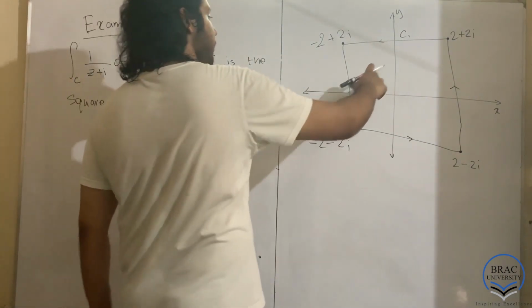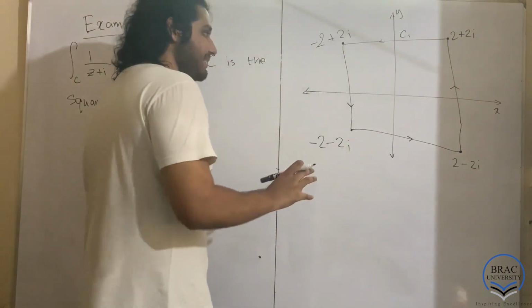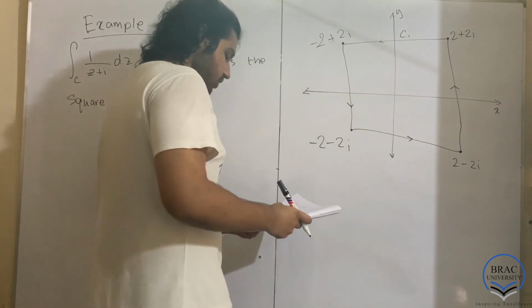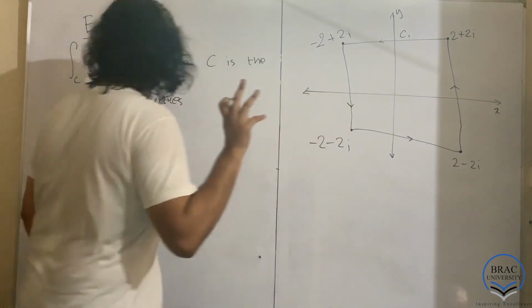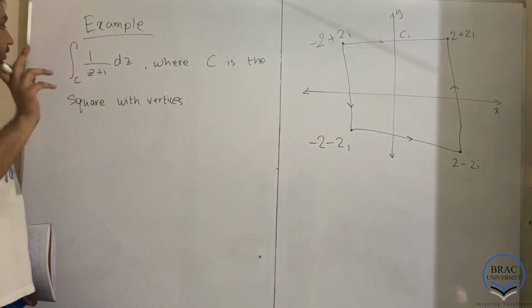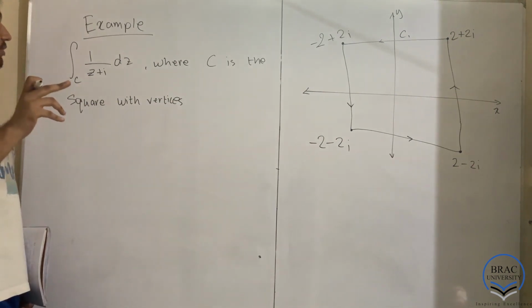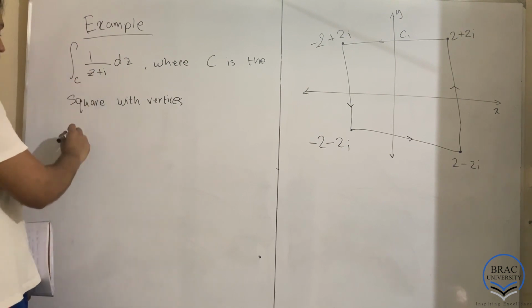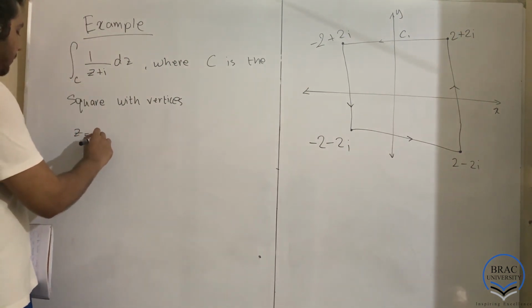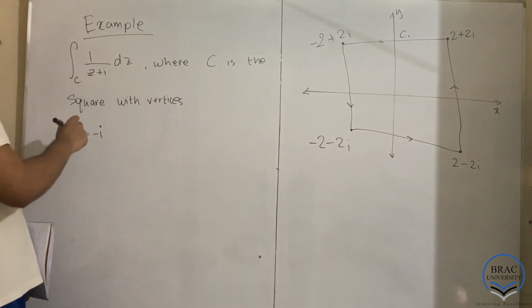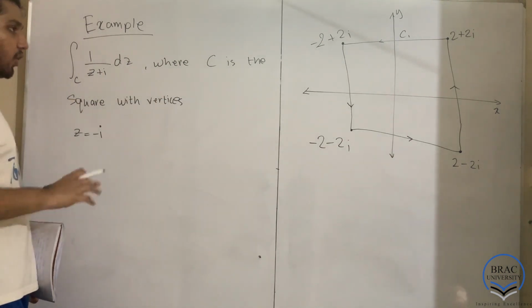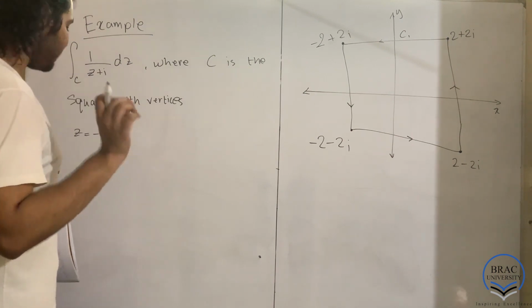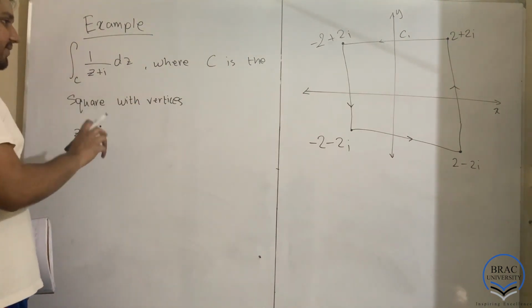Why not have this be a bigger structure, C1, and inside let's have a smaller structure? Note where your discontinuity would be. Your discontinuity would be when z is equal to minus i. If z is equal to minus i, you'll have discontinuities. So let's have a circle surrounding it, which has minus i at the center.